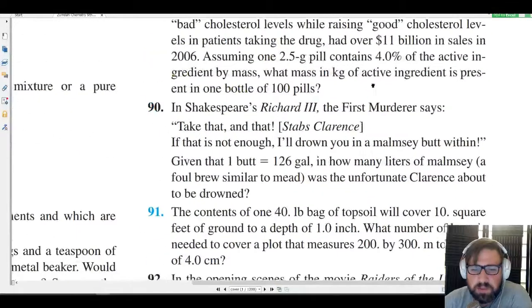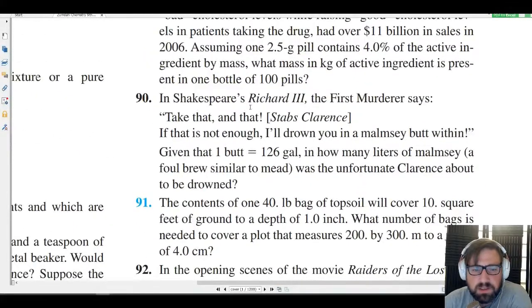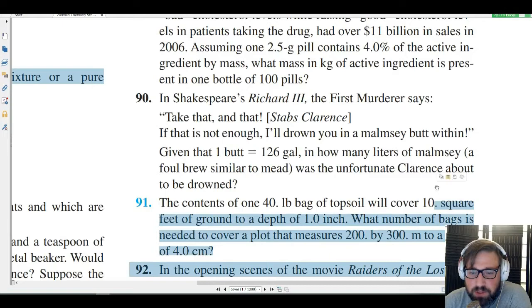This is about Shakespeare. This is in English. In Shakespeare's Richard III, the first murderer says, "Take that," and stabs Clarence. If that's not enough, I'll drown you in Malmsey butt within. Given that one butt equals 126 gallons, how many liters of Malmsey, a foul brew similar to mead, was the unfortunate Clarence about to be drowned in?